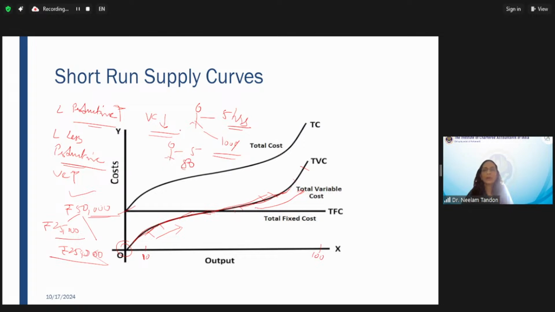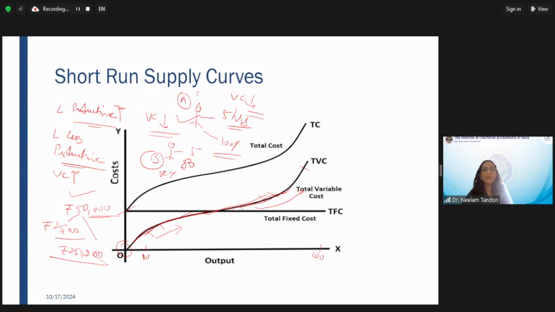So is the productivity of A higher or B higher? Definitely A is higher. When the productivity is higher and you are paying the same salary to both, what will happen? The variable cost in this case will be less, and the variable cost in this case will be higher. And why is it so?